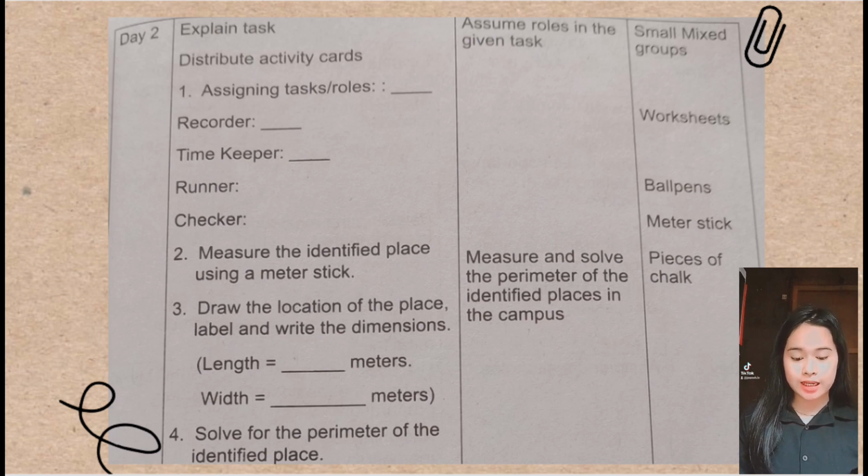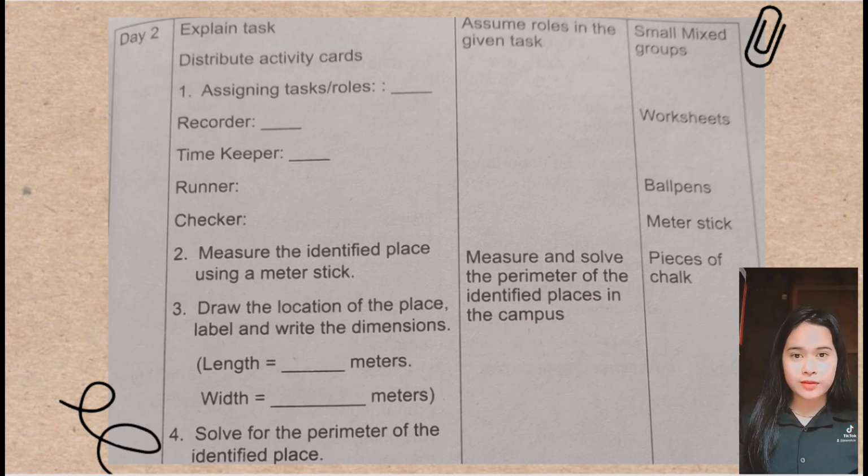First is assigning tasks or roles: who will be the recorder, timekeeper, runner, checker. Second is measure the identified place using a meter stick. Third is draw the location of the place, label and write the dimensions, the length in meters and the width in meters. Number 4 is solve the perimeter of the identified place. And number 5 is discuss and check the answers.